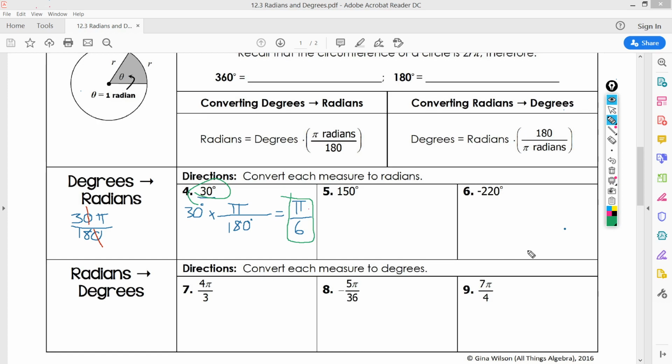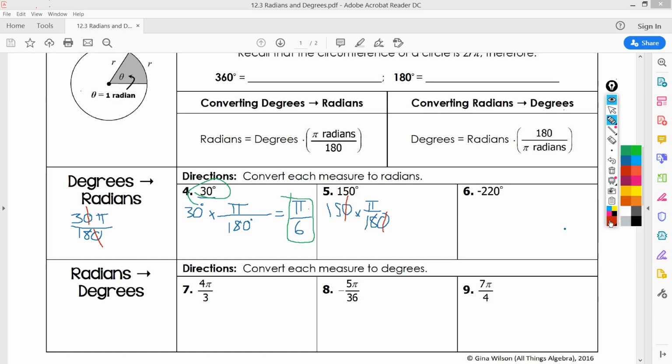Okay? In fact, I'll do one more. Let's see. So I have 150 times pi over 180. Let's just skip the step and cancel out our zeros.